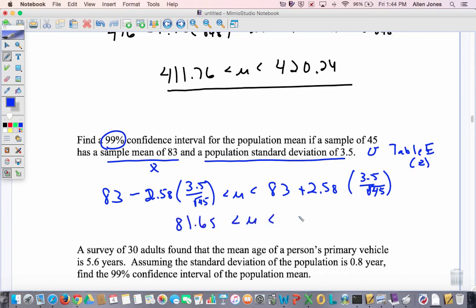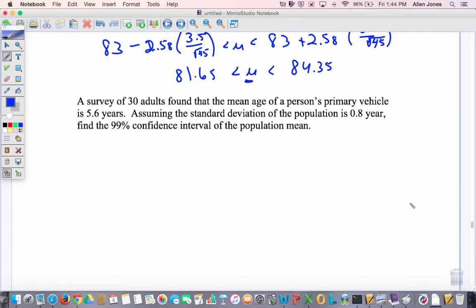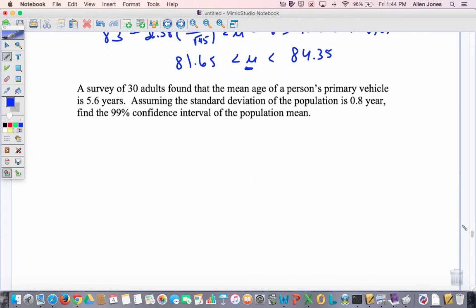That calculation gets us 81.65 to 84.35. So once again, we're 99% sure that our population mean is going to fall between these two numbers based on our work with statistics and our normal distribution curve.